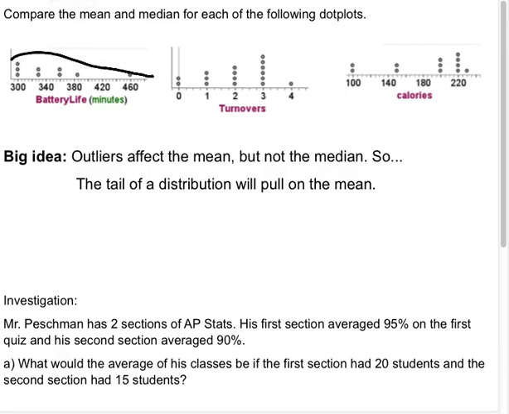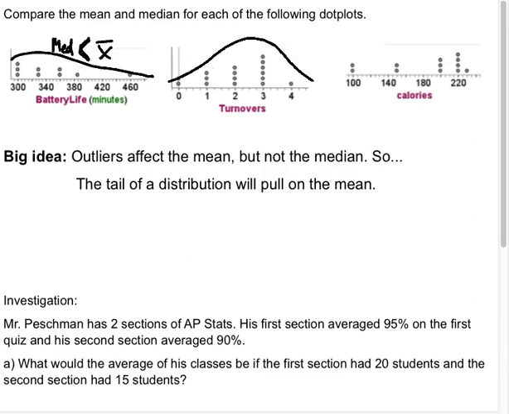The tail is going to be pulling on the mean, but not as much on the median. So for that battery life example, the median is going to be smaller than the mean.